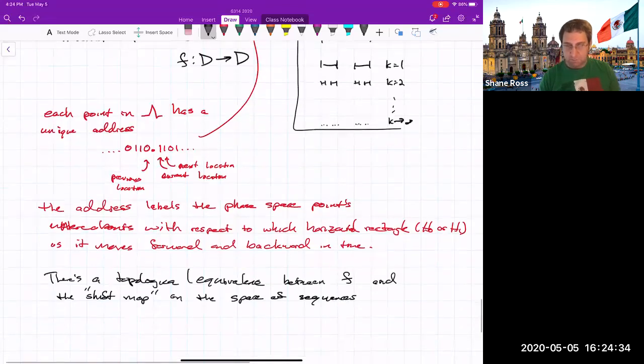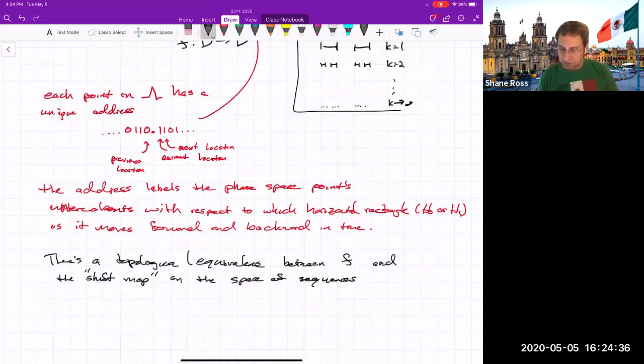And the shift map is basically just moving the decimal. So if I have this same address written above, moving the decimal over to here basically means I've gone forward in time.